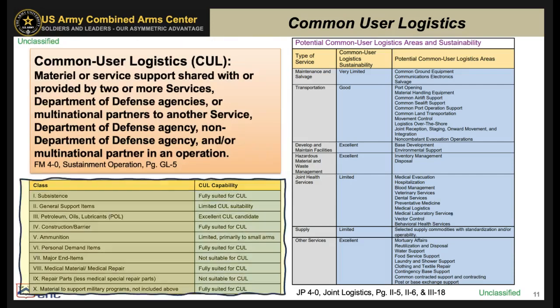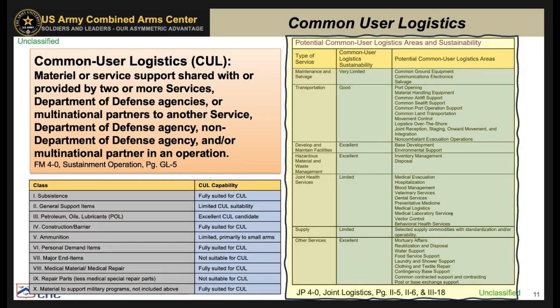The types of services and materials deemed suitable for CUL are diverse, ranging from subsistence and medical material to those with limited suitability, such as general support items and certain repair parts.